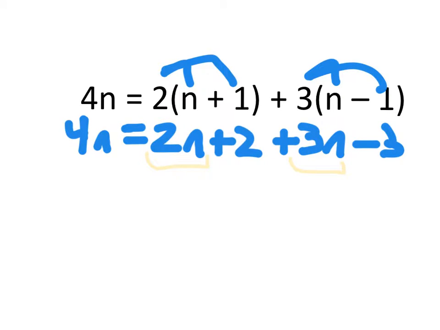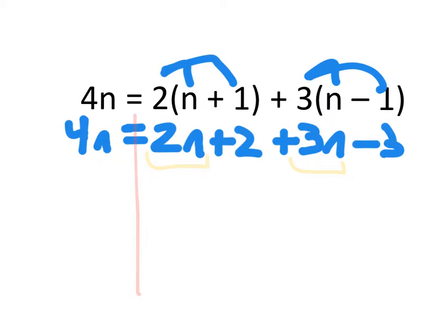Since they are on the same side of the equation, I will not subtract 2n and subtract 2n. That would be wrong because that's not keeping my equation balanced, because I did something on the right-hand side but not the left. Instead, they will combine just like they would have before this lesson.